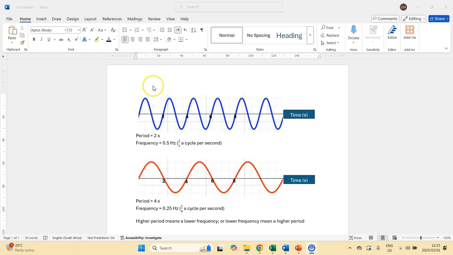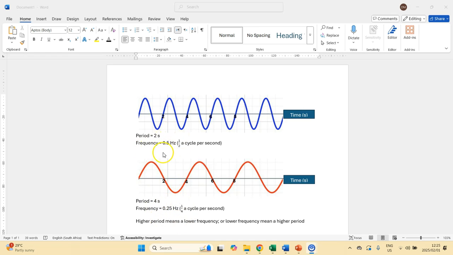Now, over here, because the crests are closer together, it represents a higher frequency wave, whereas this over here represents a lower frequency wave. Here we have half a hertz, and here we have a quarter of a hertz. So this one is higher frequency than this one.